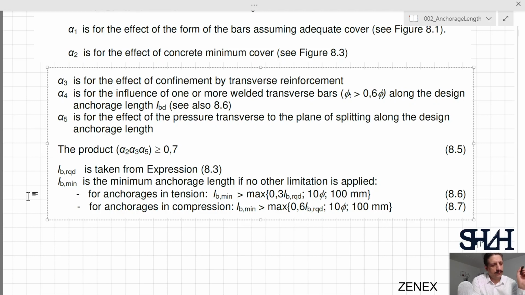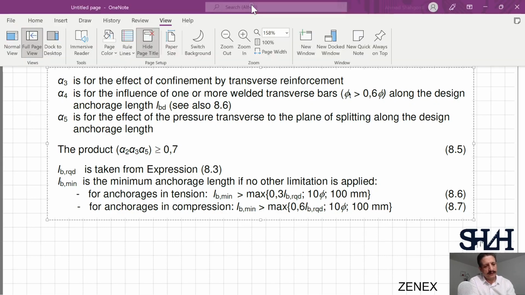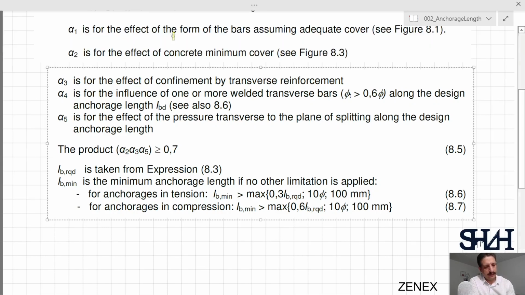Usually alpha 3, 4, 5 can be taken as 1 if you do not have any welded transverse reinforcement like stirrups. And we always need to check that alpha 2, 3, 5 product is greater than 0.7. LB minimum is the minimum anchorage length, and for tension it should be greater than the maximum of these three values.